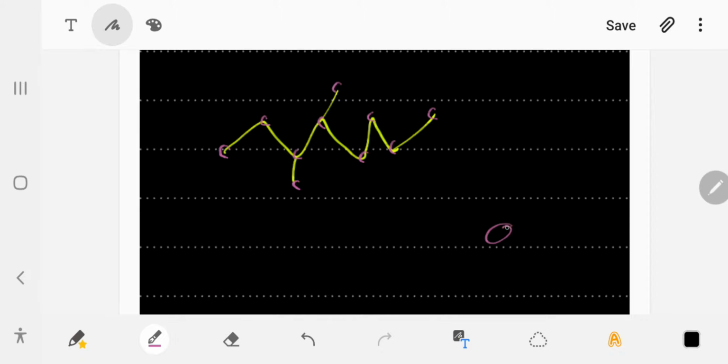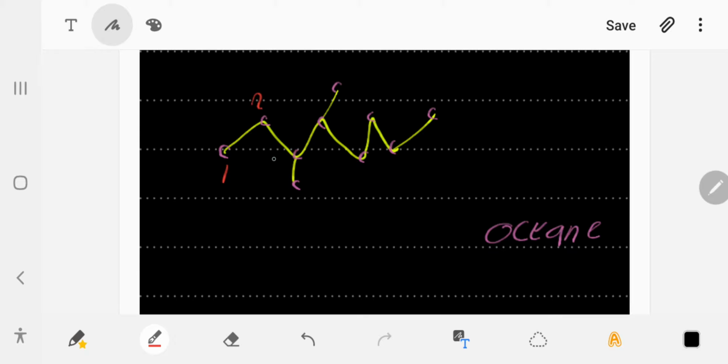So we have octane. Now we have to start numbering. Notice if we start from here, the first branch will take 1, 2, 3, 4, 5, and 6. But if we start numbering from here, the numbers for the branch will be less. So we have to start numbering from this side.